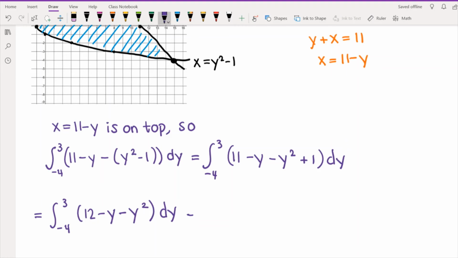And so if we take the antiderivatives, we get 12y minus y squared over 2, or sorry, y cubed over 3, my bad. And we're going to be evaluating this at 3 and at -4.